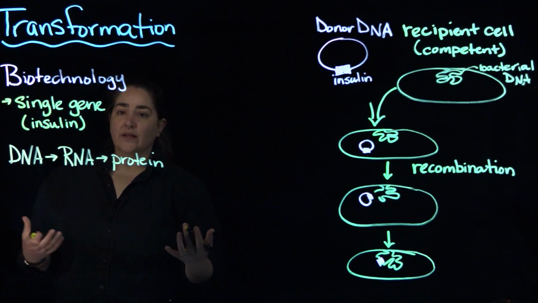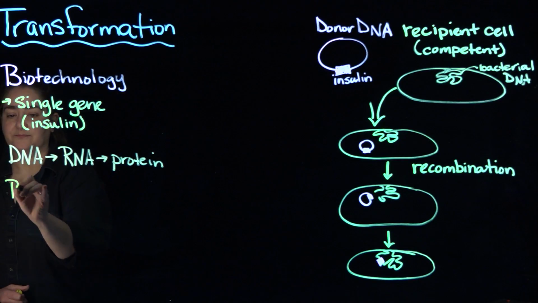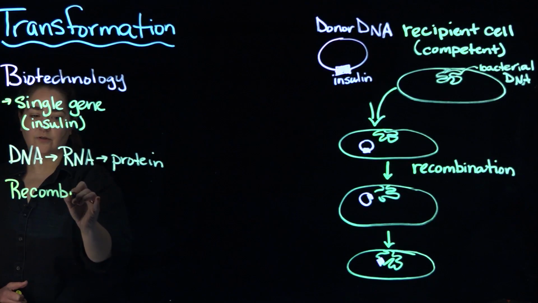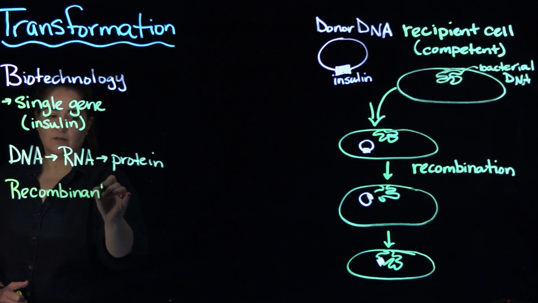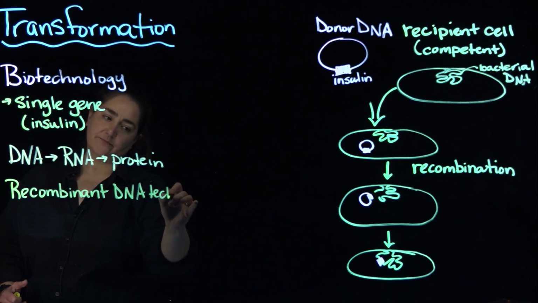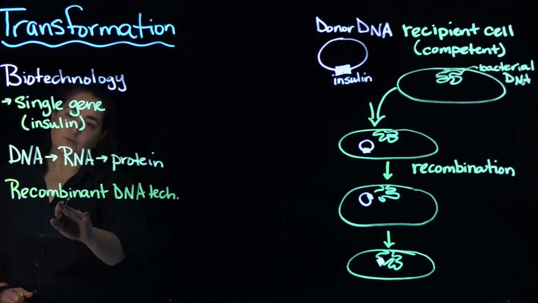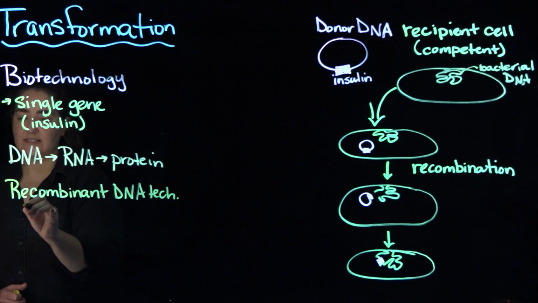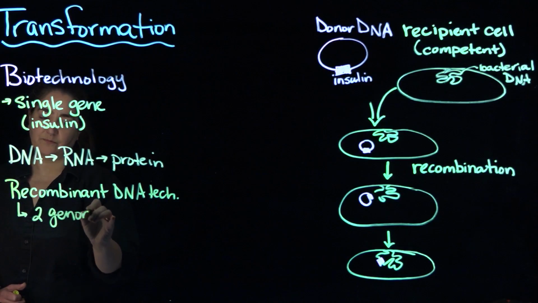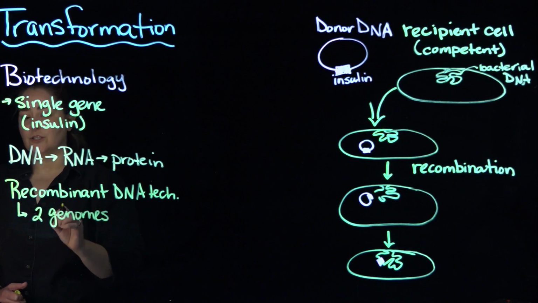Now, with this process, you'll also see it referred to as recombinant DNA technology. When something is recombinant as far as DNA, what that means is you have two different genomes, or you're involving two different genomes.